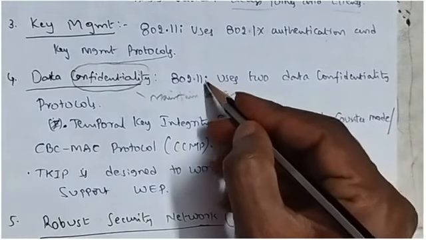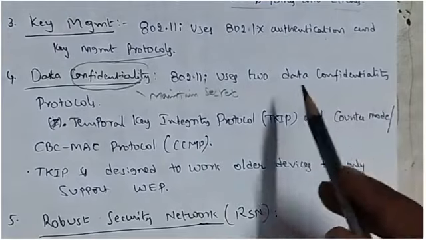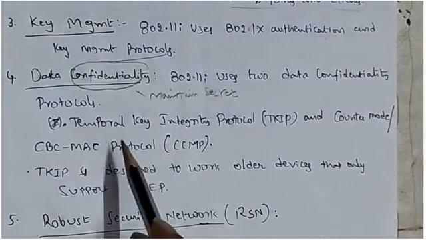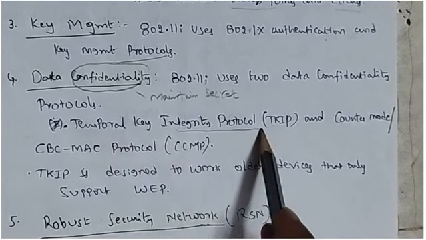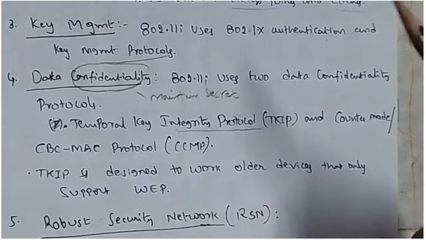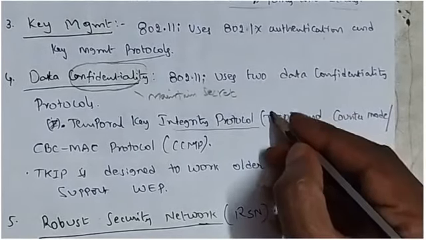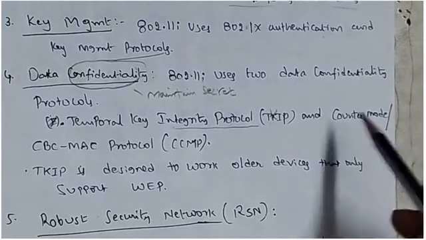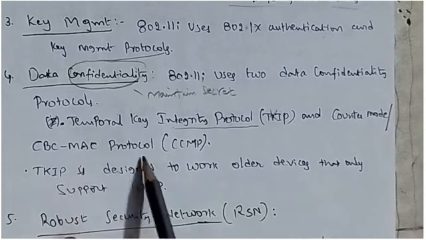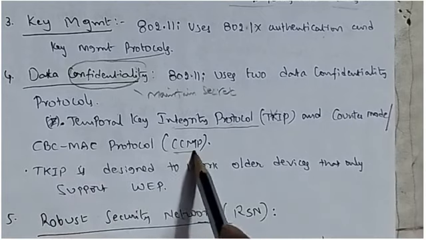802.11i uses 2 data confidentiality protocols. The first one is Temporal Key Integrity Protocol, TKIP, and the second is Counter Mode with CBC-MAC Protocol, called CCMP.